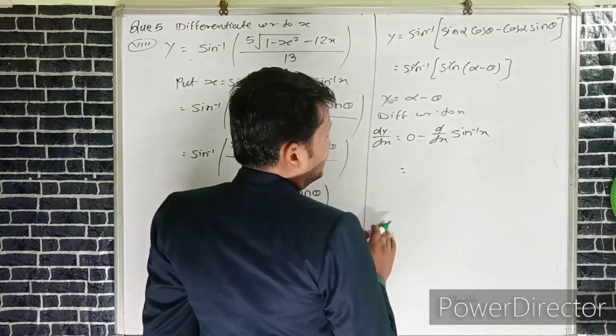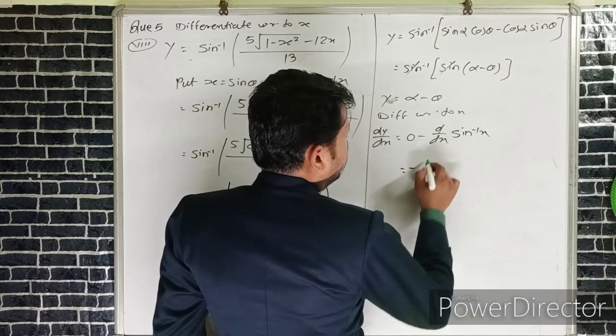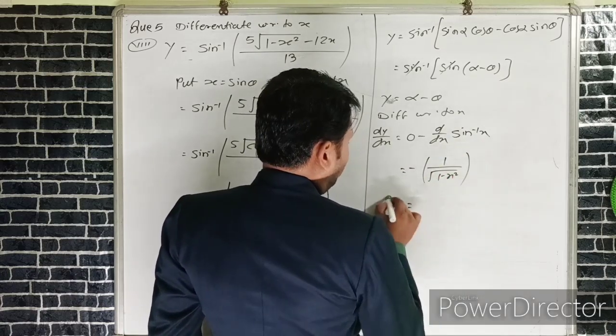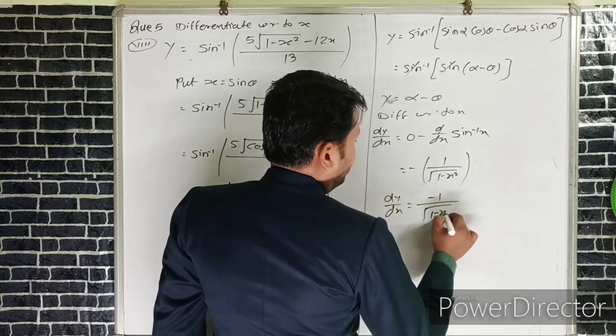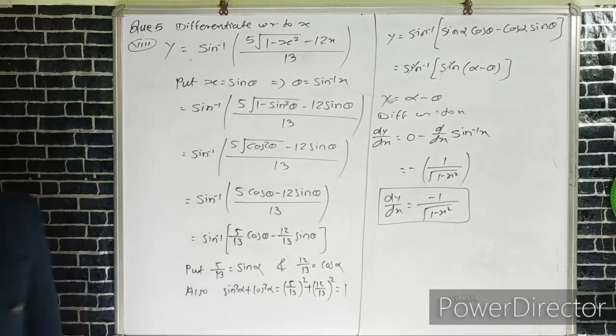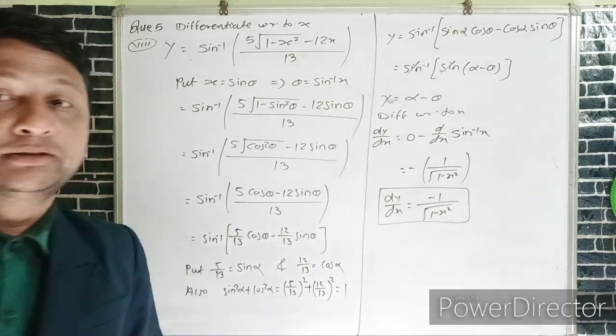The derivative of sin inverse x is 1 upon under root of 1 minus x square, so dy upon dx is minus 1 upon under root of 1 minus x square, which is the required value of dy upon dx.